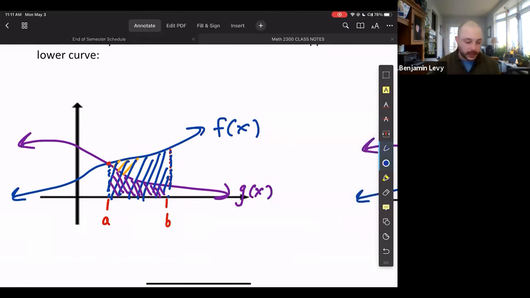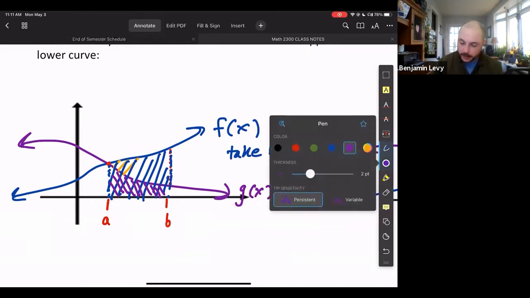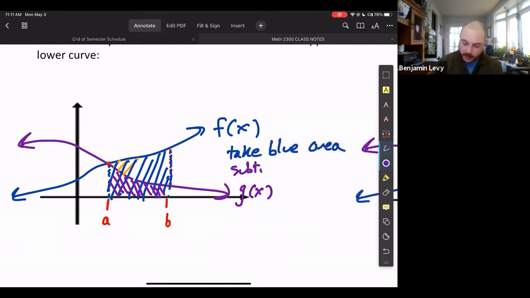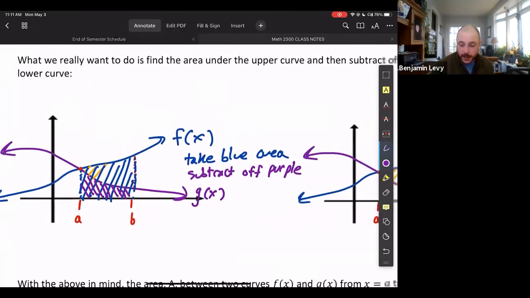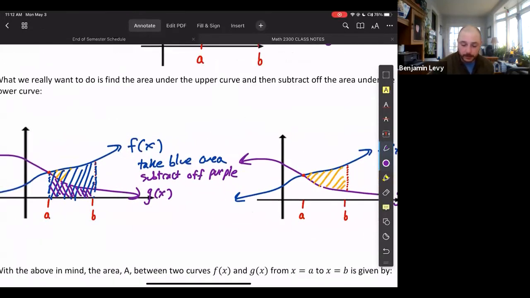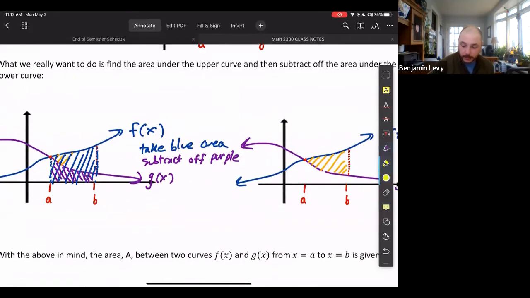Right, so just to be clear what I've just said in words, we want to take the blue area and then subtract off the purple. You with me on that? And if we did that, it would end up being what's between the two of them. Right? If we did that, we would get this.